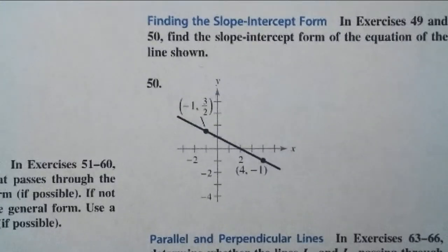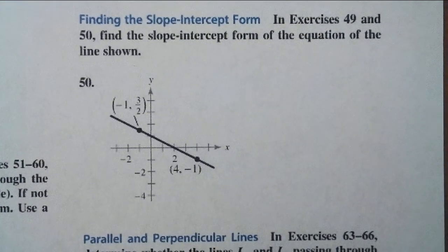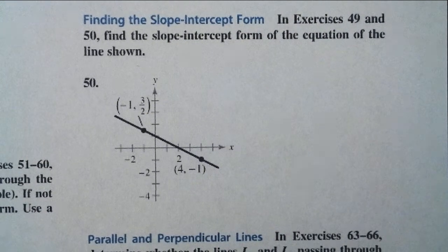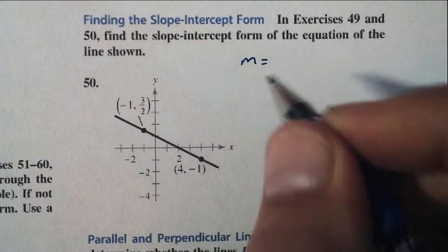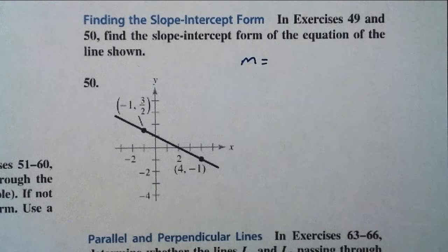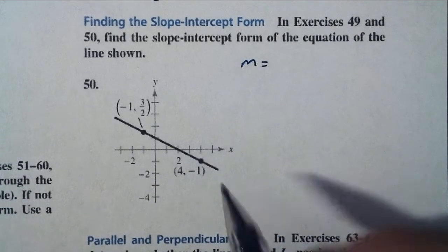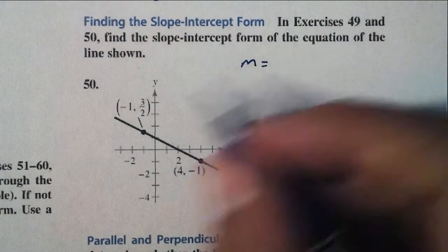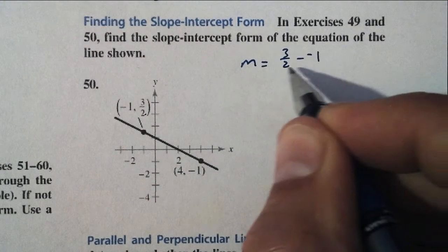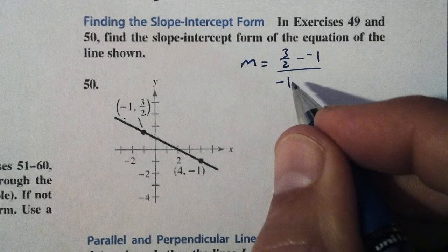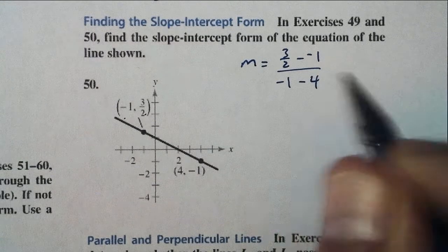Let's see, we'll go to 50 first. Finding the slope-intercept form. So I need a slope, I need an intercept. I'm going to go for the slope first. You could probably suggest the y-intercept's 1, but I want to talk about that in just a moment. So my slope could go from, change the y's, 3/2 minus -1, change the x's, -1 minus 4.